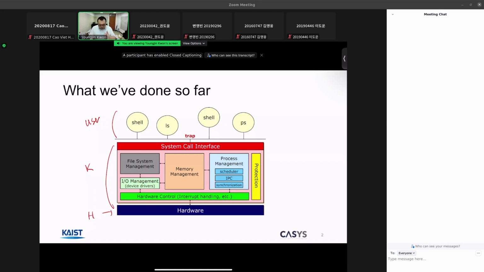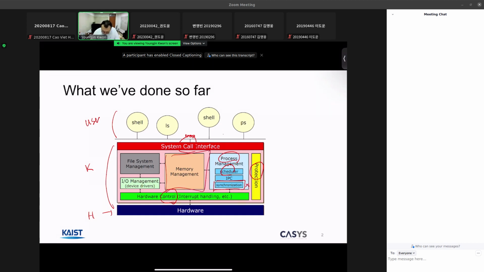So we briefly talked about system call implementation and hardware interrupts in the protection lecture, and some concepts of protection, the scheduler, and the concept of process. Then the main thing is synchronization, not yet, and memory management.